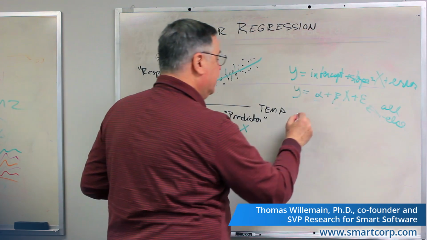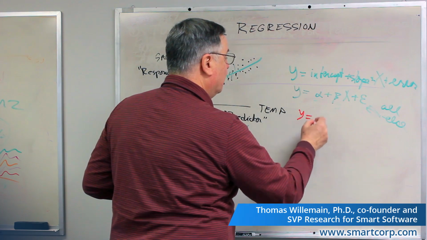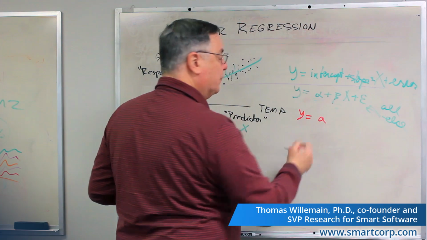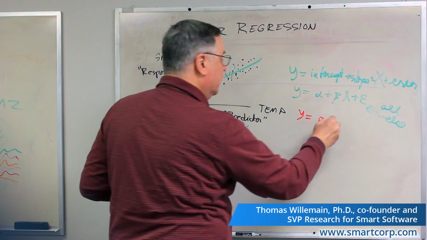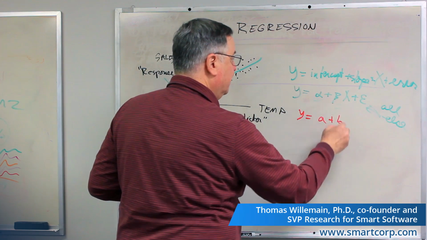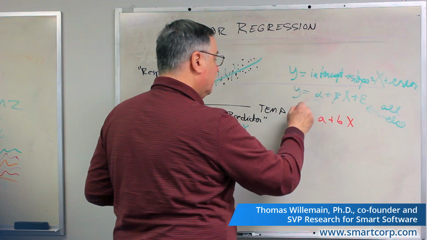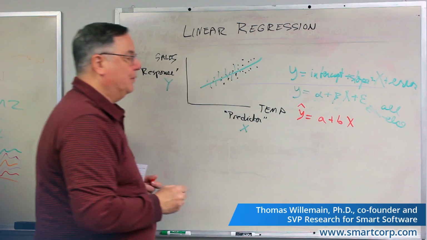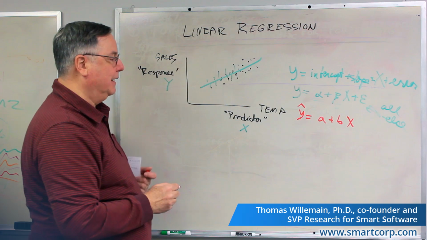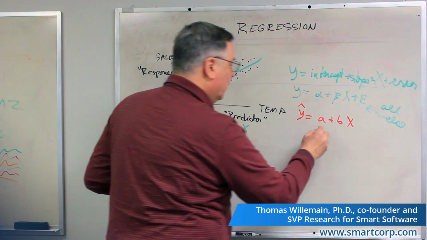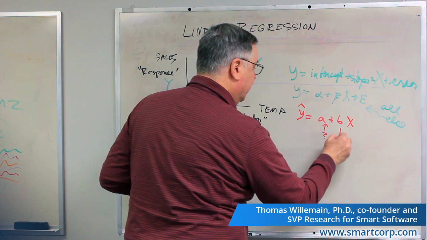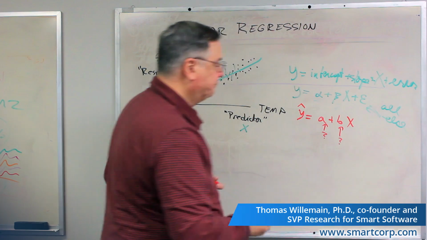What we will actually estimate is that y is some particular calculated number a, the intercept, plus b, the slope, times x. And we'll say this is the prediction, y hat, given x. So how do we calculate a and how do we calculate b?